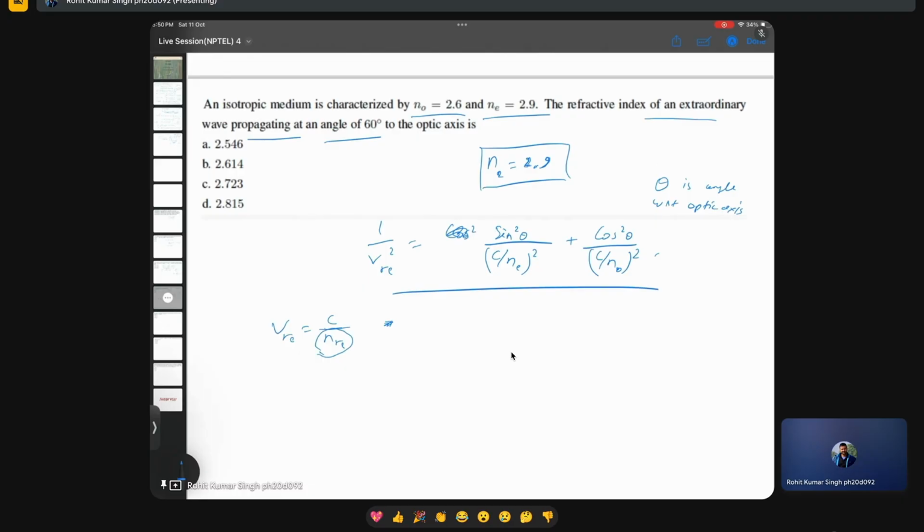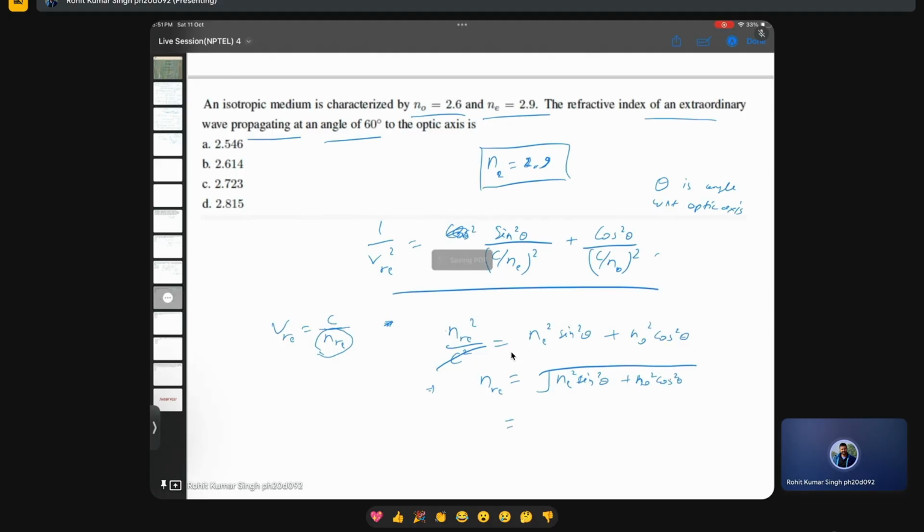If you put c by NE, it will be NRE square by c square, and you can simplify this. The c square gets cancelled from both sides, so 1 over NRE square will be equal to sine square theta by NE square plus cos square theta by NO square.